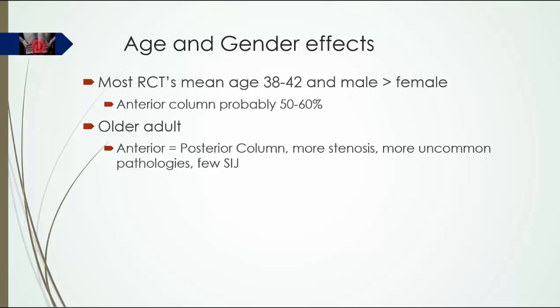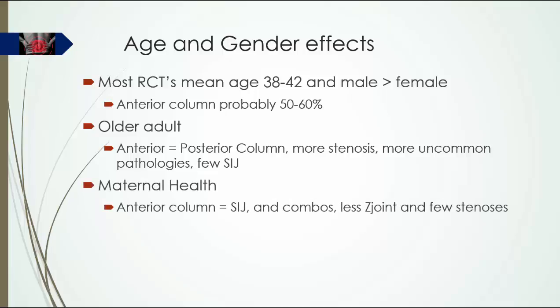Older patients, though, have a different mix of problems, and they are more likely to have posterior column or Z-joint pain, so that anterior and posterior column pain problems are of similar prevalence. Spinal stenosis and the less common red flag conditions like cancer are more prevalent than in general musculoskeletal practice.